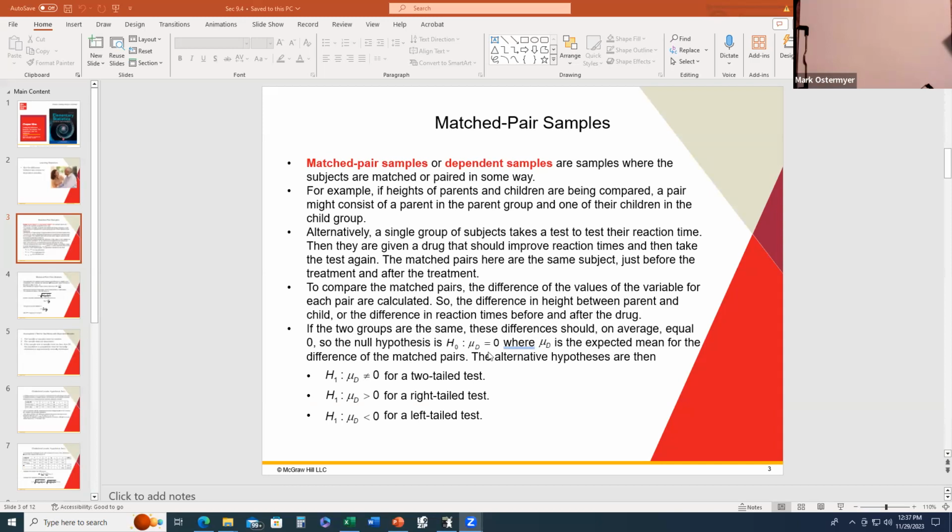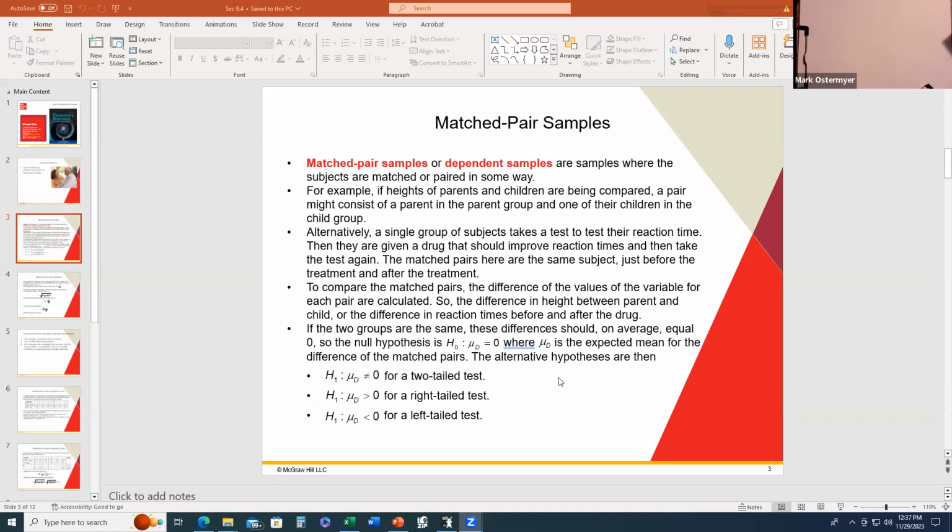So the null hypothesis would be saying that the mean difference between the populations is equal to 0, where mu sub d is the expected mean for the difference of the matched pairs. The alternative hypothesis then would take on one of our signs, okay, not equal to, greater than, or less than.